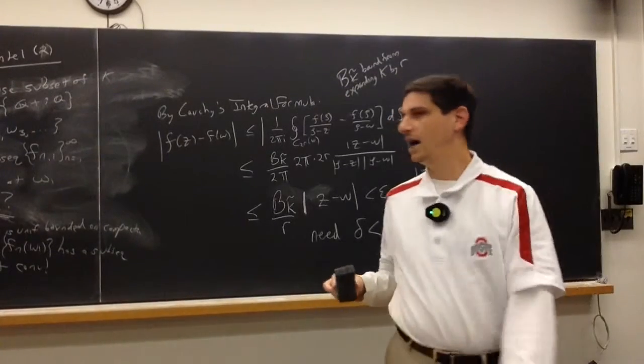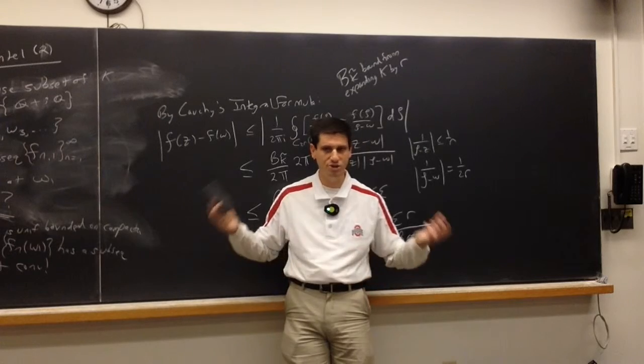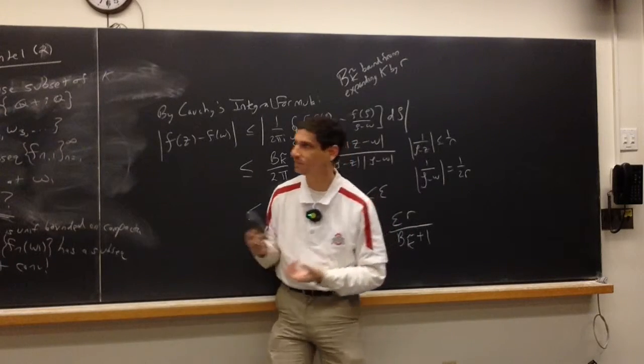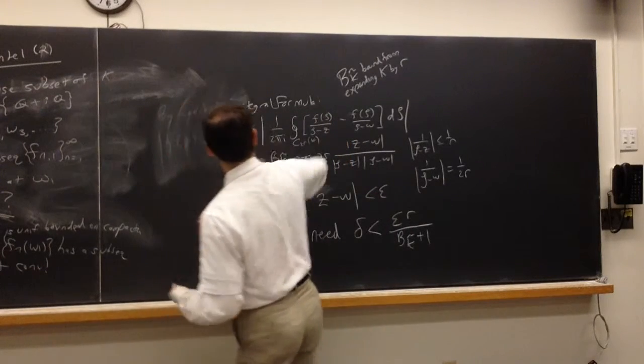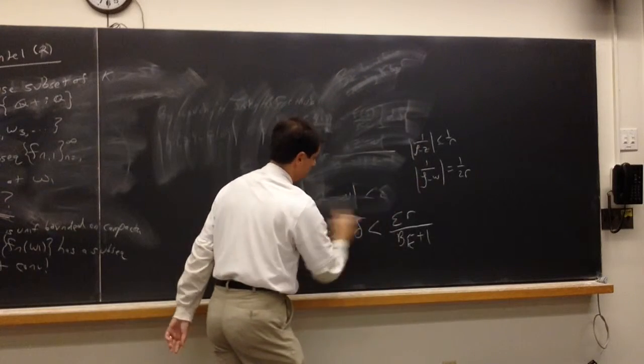Again, I know it's been a while since a lot of you have seen this stuff in real analysis. I want you to get a sense of where this is used. And to me, this is one of the best reasons to do the Riemann mapping theorem. It's extremely useful.